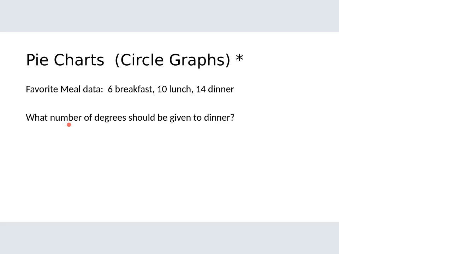So imagine that you're making the pie chart here and determine the number of degrees that should be given to dinner.